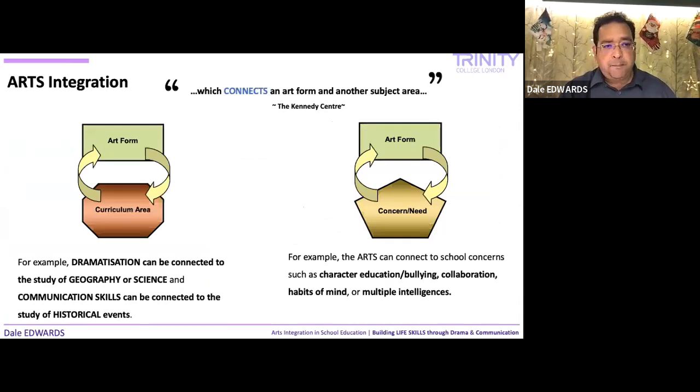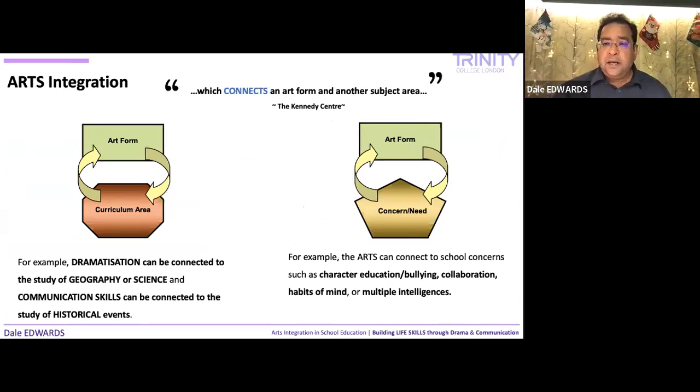So let me give you an example. One is where the art form connects with the curriculum area. So for instance, dramatization and something from geography or science, or communication and something from history or language or biology.